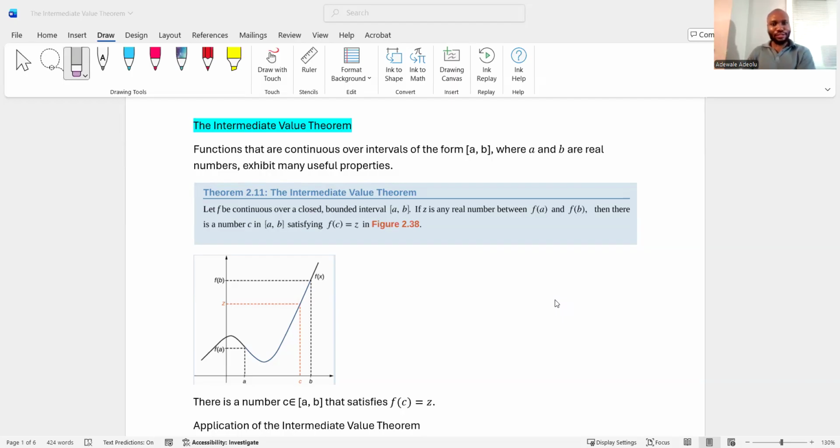Today, we want to be looking into the concept of the intermediate value theorem, which we can abbreviate as IVT.